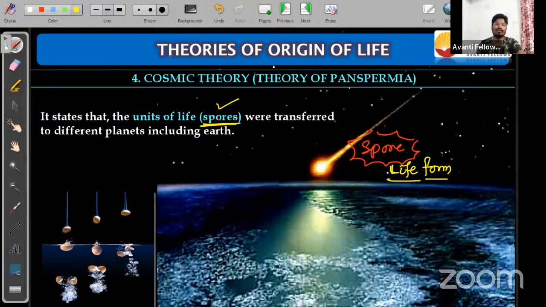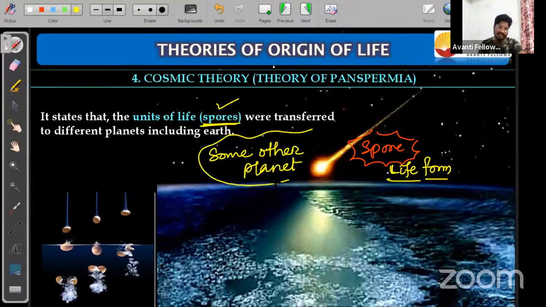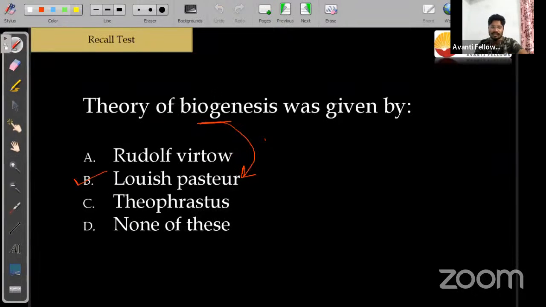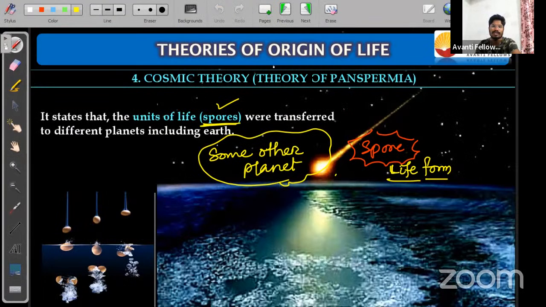Okay, so from some other planet. According to this theory, it is considered that life has come from some other planet. So this is all about your theory of panspermia or cosmic theory.